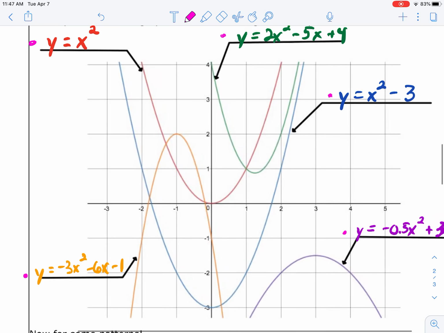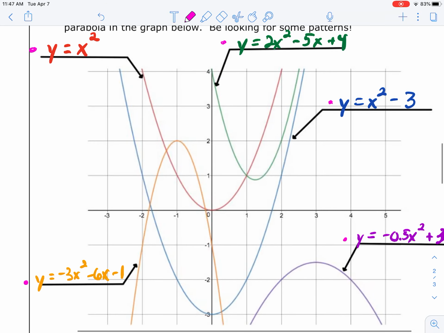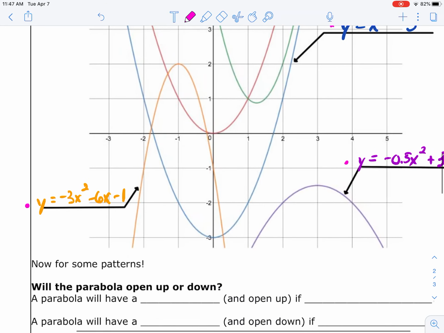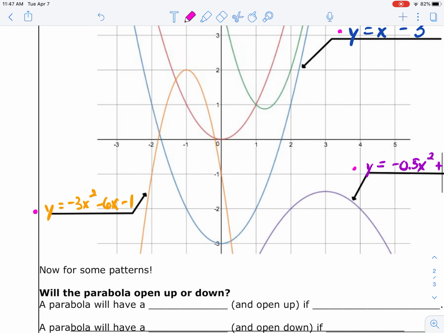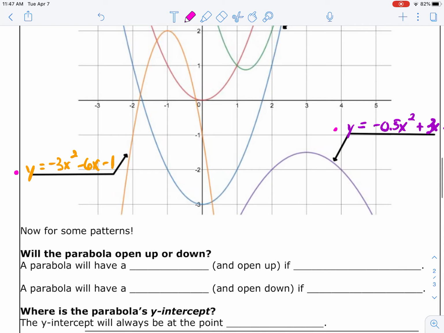So can you notice what is different about the ones that are opening up, which was the first 3? We call those concave up. The U is facing up, kind of like just a regular cup, versus upside down, like you'd be flipping something upside down and all the stuff inside would fall out, which is the bottom 2.